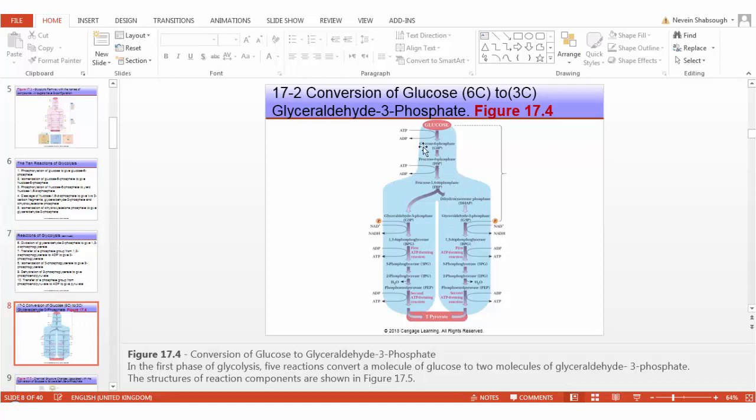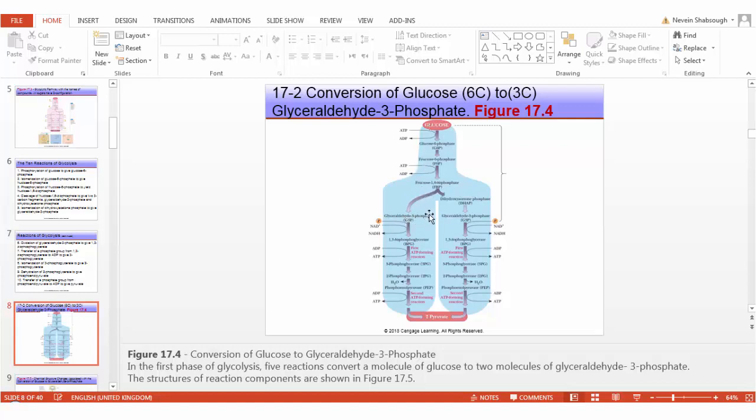Here you can clearly see the reactions that consume ATP and the reactions that produce ATP, and also the only oxidation reaction that produces an NADH. So as I said, we have 2 phases. In the first phase of glycolysis, 5 reactions convert a molecule of glucose to 2 molecules of glyceraldehyde 3-phosphate.